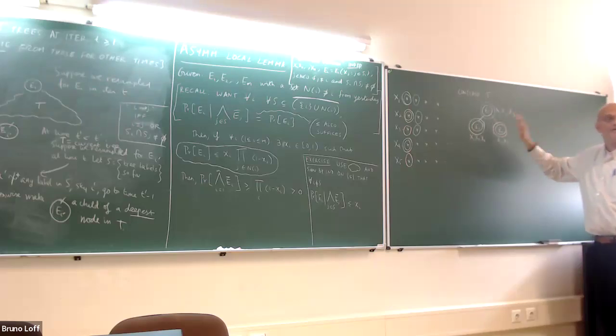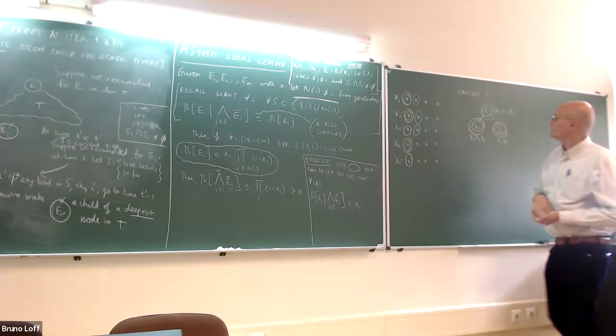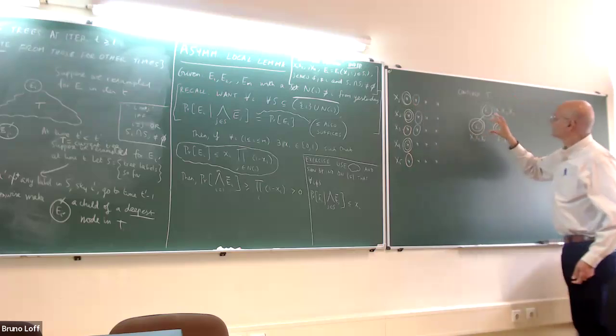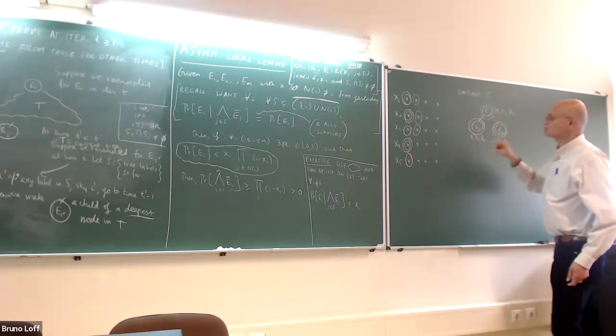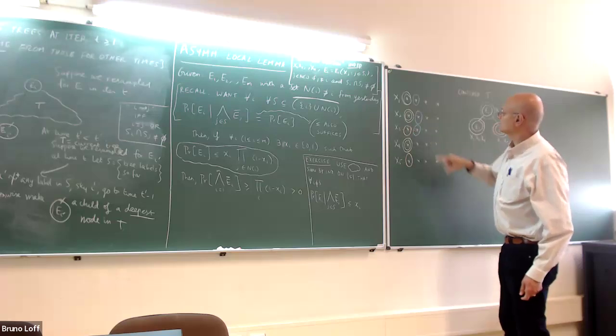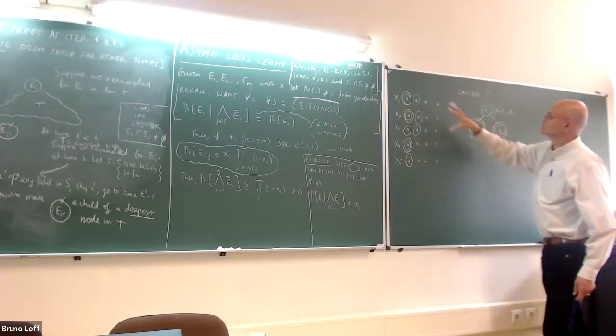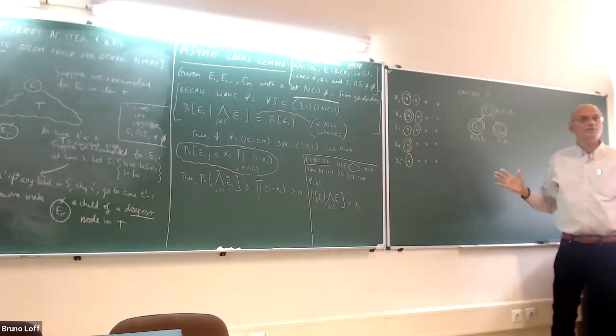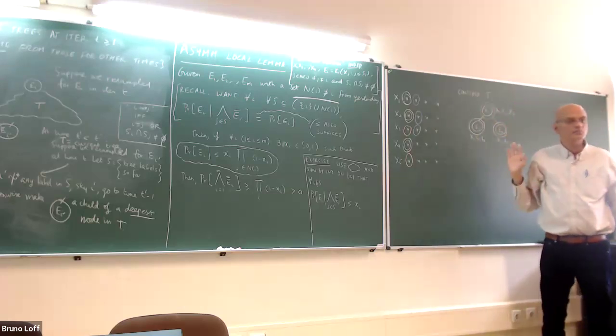It happens if and only if the green choices triggered EJ, the pink choices triggered EK, and the blue choices triggered EI. And these are all independent, because all the entries in the table are independent.